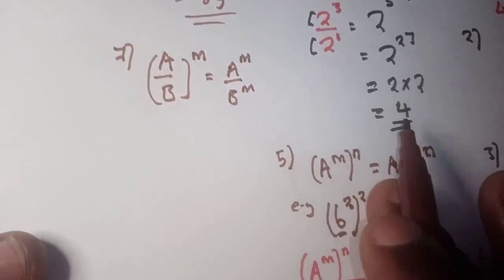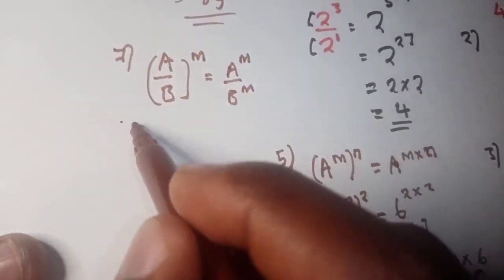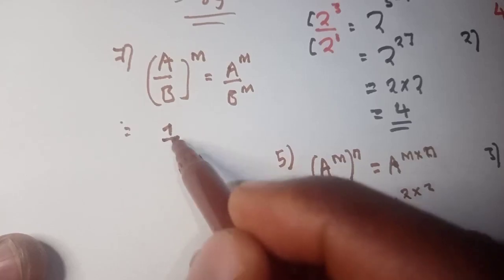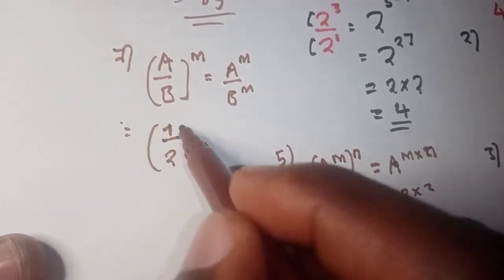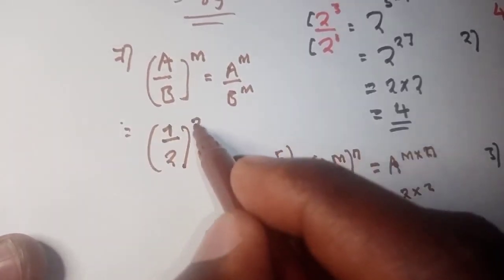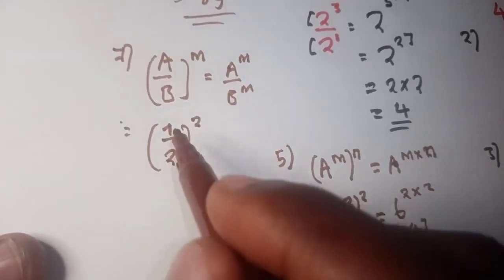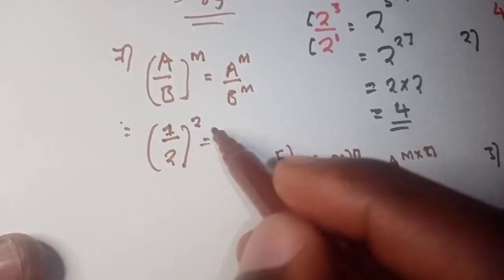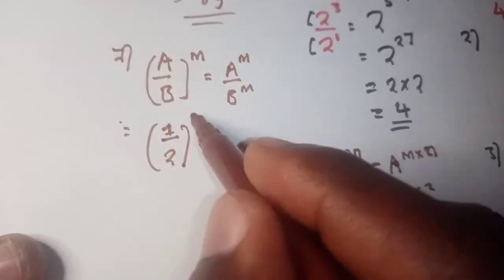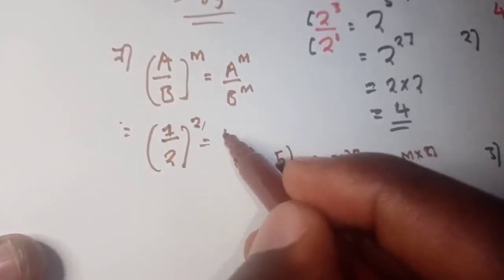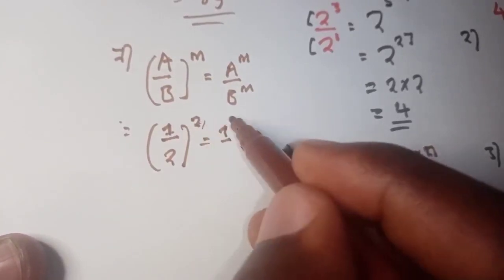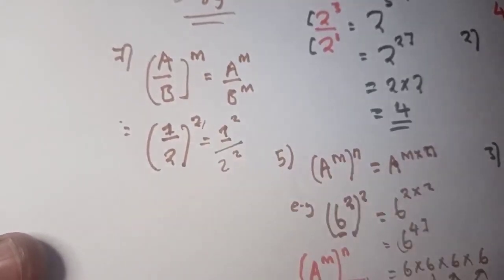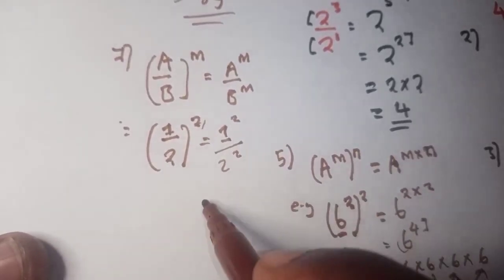Let's look at it in terms of numbers. Let's say you've been given 1 over 2, raised to the power 2. This power applies to both numbers, so you're going to write 1 to the power 2 over 2 to the power 2. Then you simply work it out.